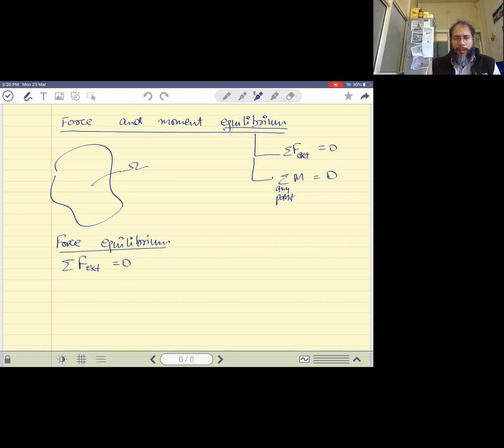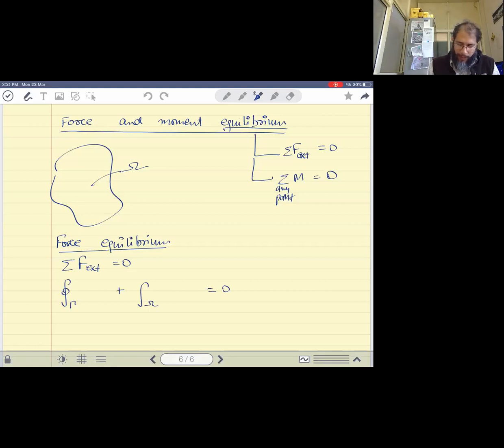Now remember that we said that we can characterize the forces as either body forces or surface forces. So that's what we do here. We say that the integral of the sum of all the surface forces and the body forces is 0.